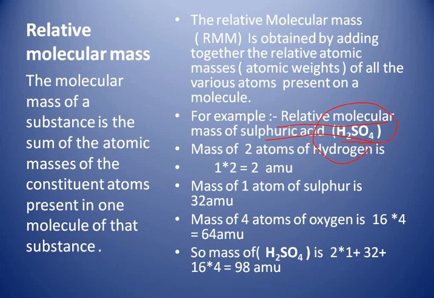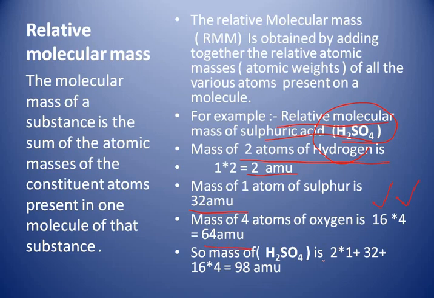There are 2 hydrogen atoms, 1 sulfur atom and 4 oxygen atoms present. The mass of 2 atoms of hydrogen is 1 into 2, 2 AMU. The mass of 1 atom of sulfur is 32 AMU, and 1 atom of oxygen has a mass of 16. If there are 4 atoms, then multiply 16 by 4, so we get 64 AMU.